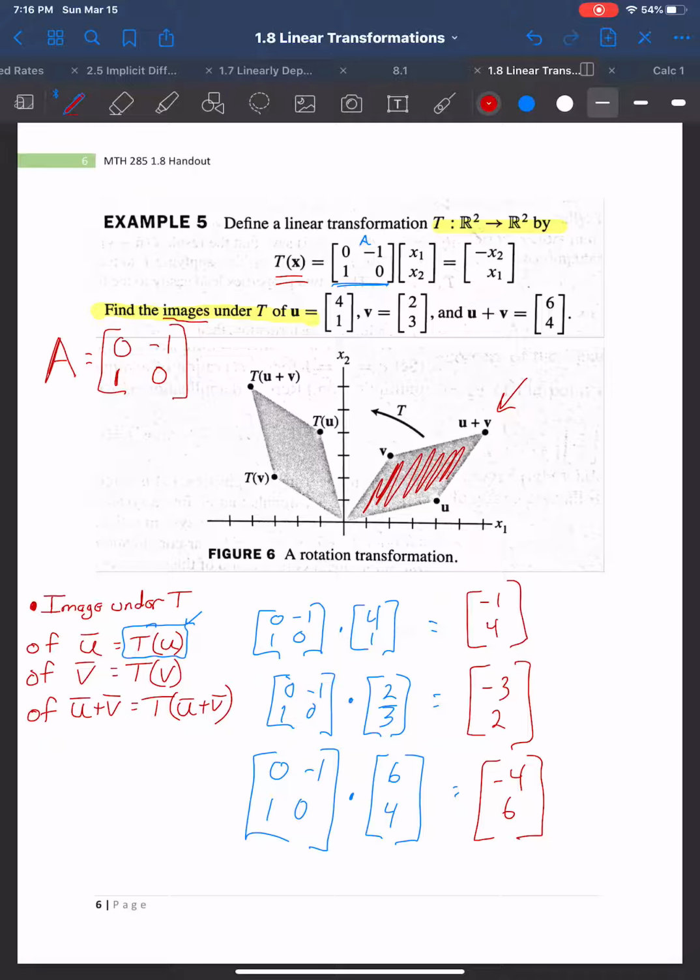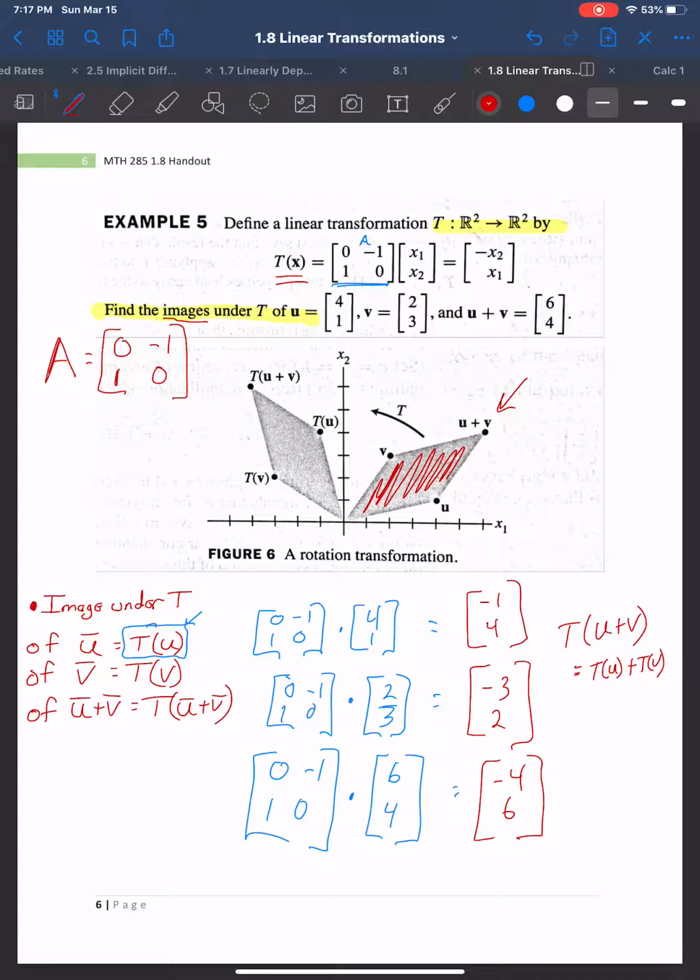So if you were to plot the original vectors, then plot the new vectors under the transformation, you would see this rotation take place. And finally, on your own time, notice that T of u plus v is equal to T of u plus T of v, right?